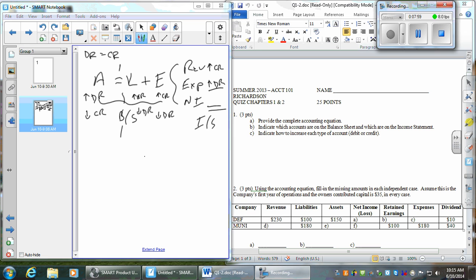So expenses, costs, do what to my net income? It makes it go down. What does that do to my wealth? Goes down. Actually, I might be in a loss position. When would you have a net loss instead of a net income? When the expenses are more than the revenues. When the debits are more than the credits, you would have a net loss, which would be a debit, by the way. And what would a debit do to equity? It decreases.